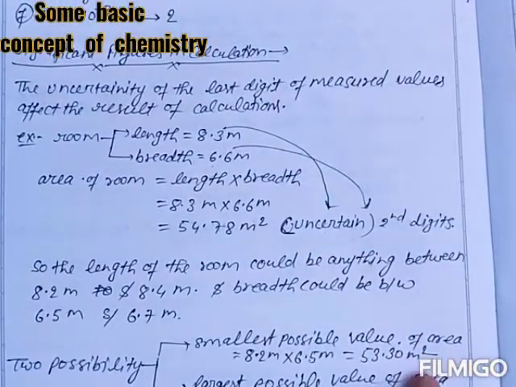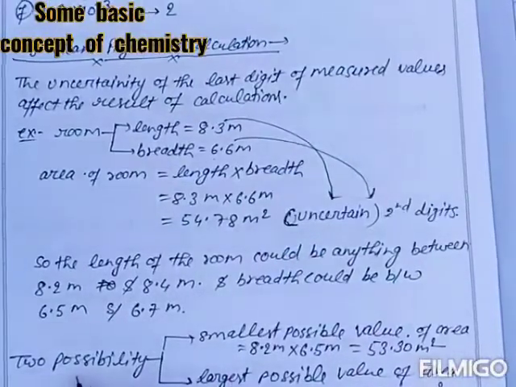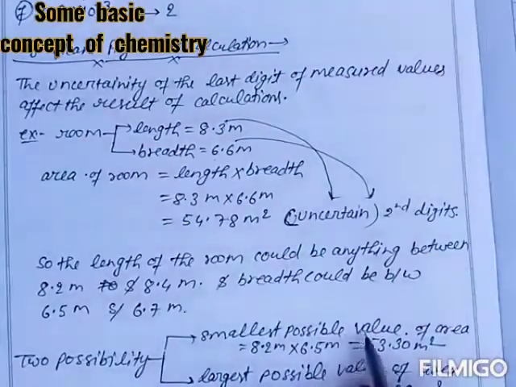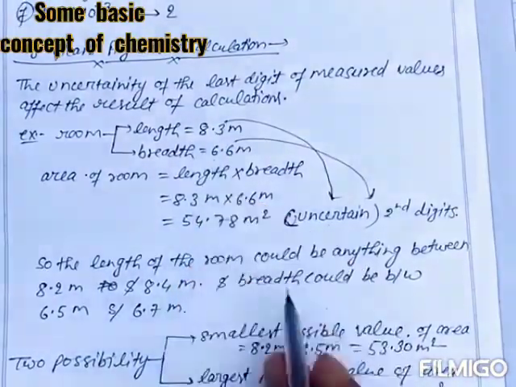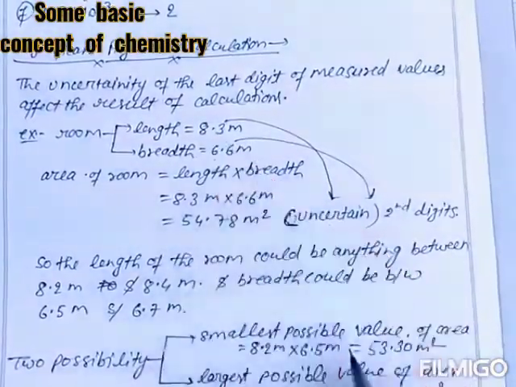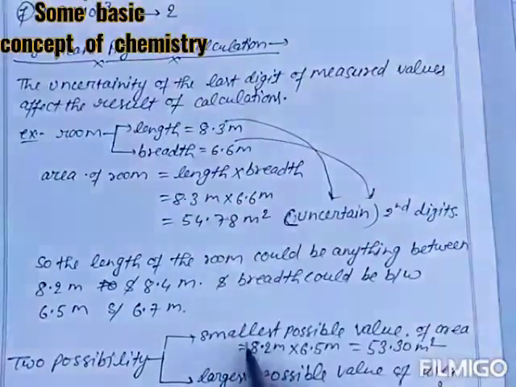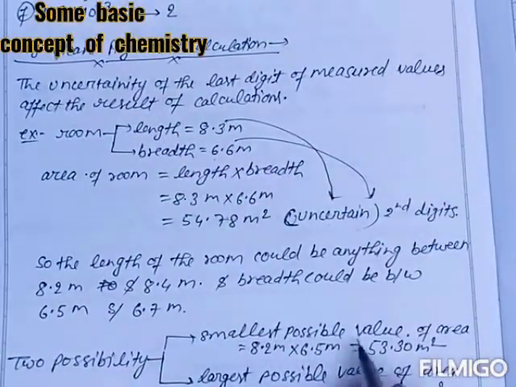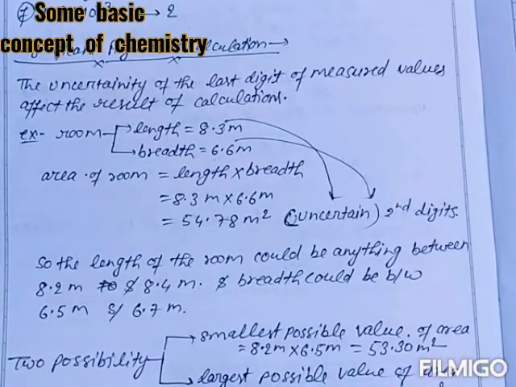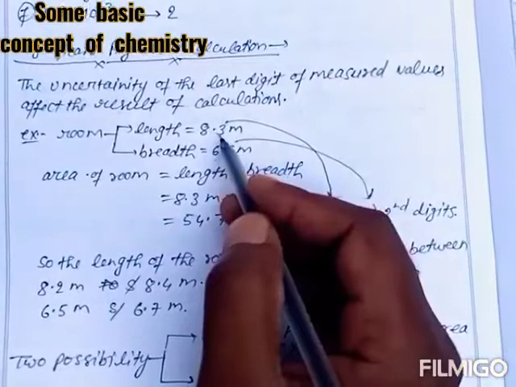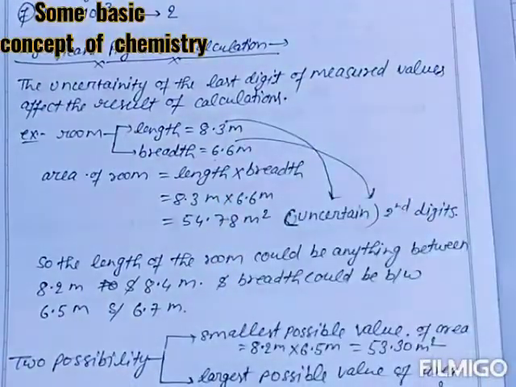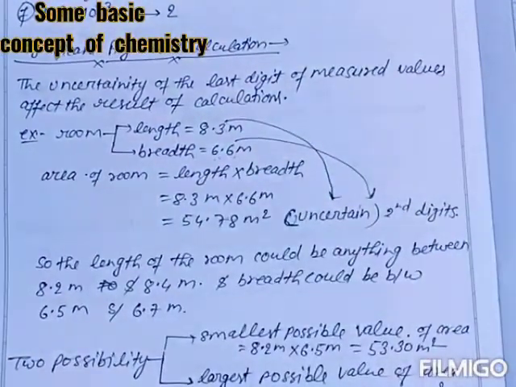Once again, we have two possibilities: the smallest possible value uses 8.2 instead of 8.3 and 6.5 instead of 6.6, so the area will be 53.30 meter square. The second is the largest possible value, increasing by one: 8.4 meter and 6.7 meter. When the area is calculated, it is 56.28 meter square.